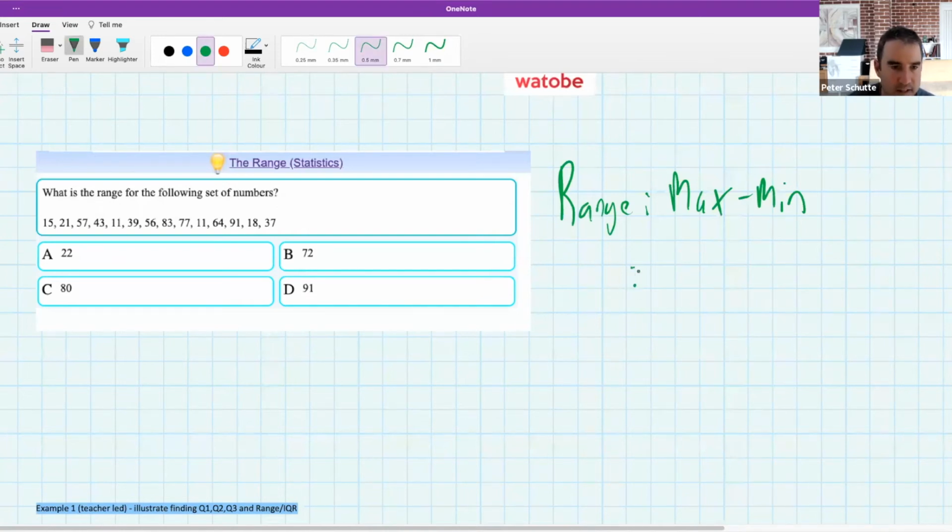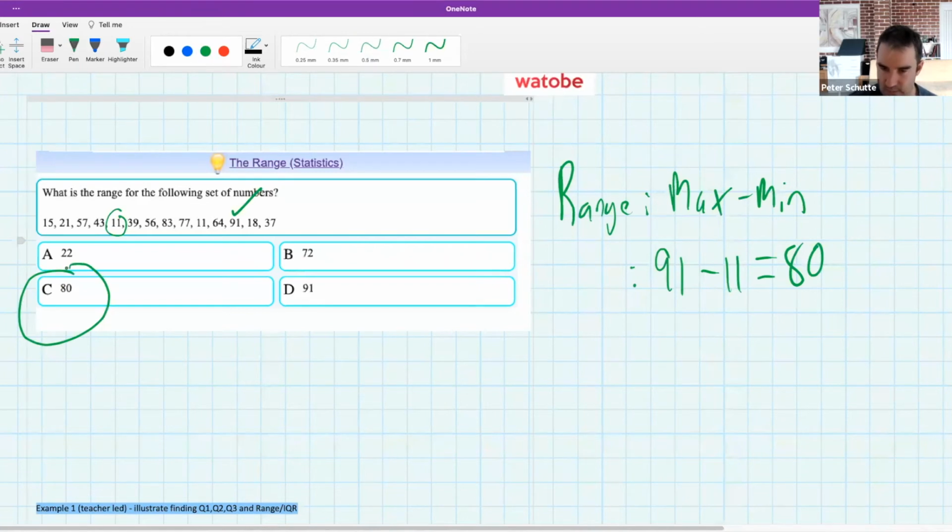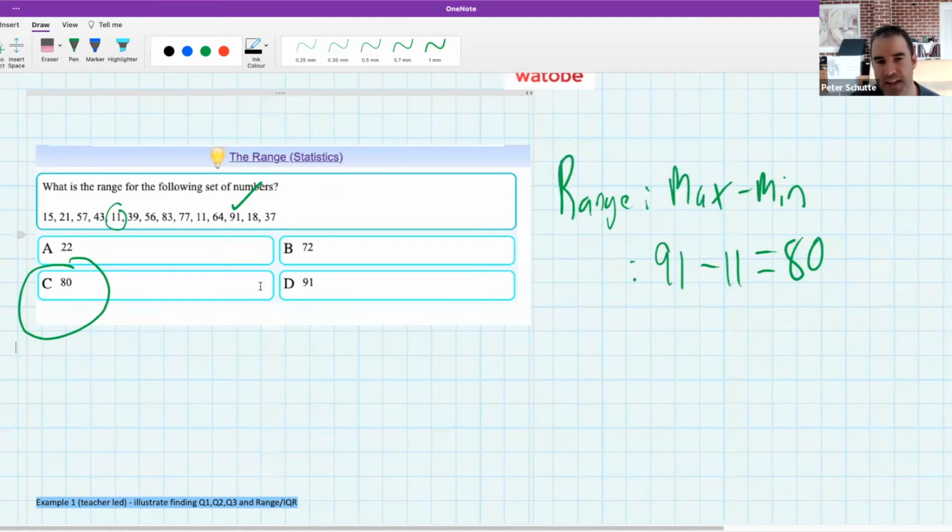So the biggest number I can see is 91, and the smallest number that I can see is 11. And so we should get 80, which is the correct answer, should be C. Okay, so the range is actually very easy.